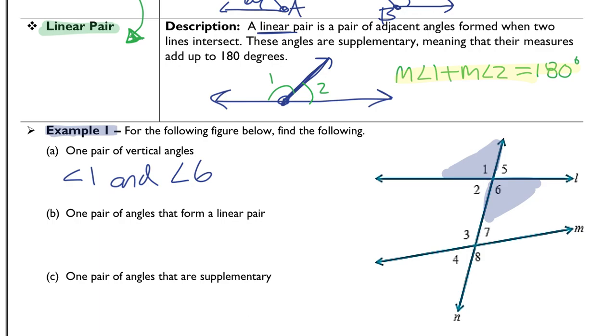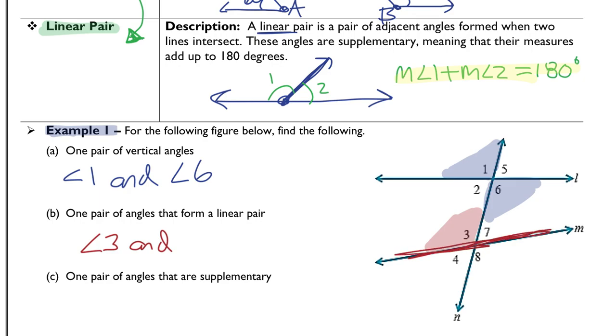So let's go ahead and find one pair of angles that form a linear pair. So let's just start with angle 3. So angle 3, let's do that in red, is right here. We want to make a line with that. There are a few ways we can do that. I like just going right here.